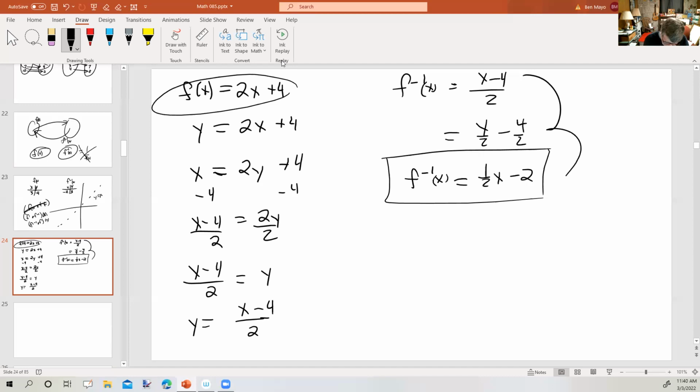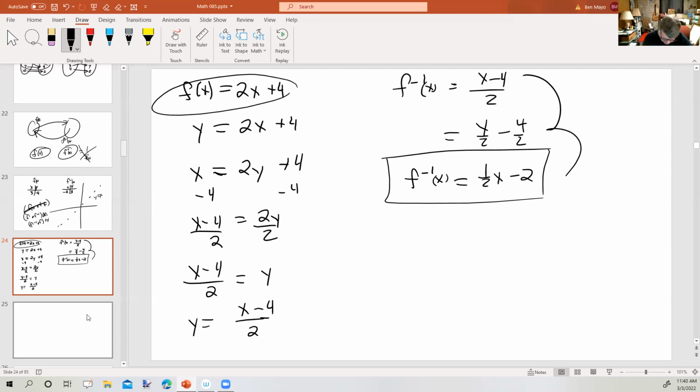All right, let's take a look. Let me write these down. f of x is 2x plus 4, and f inverse of x is 1/2 x minus 2.